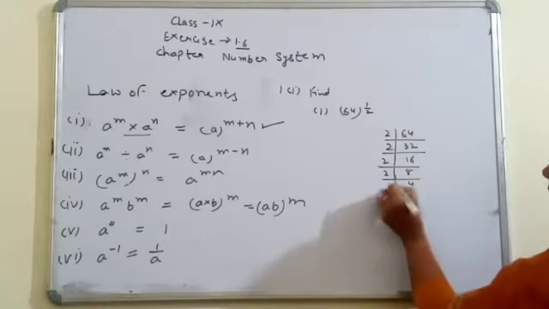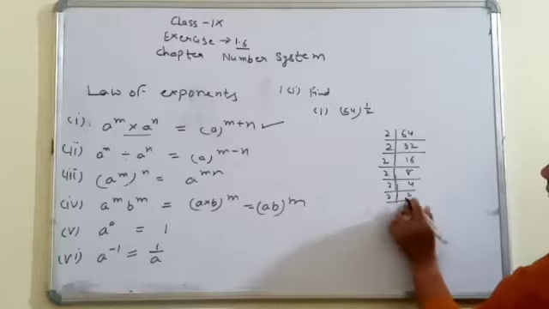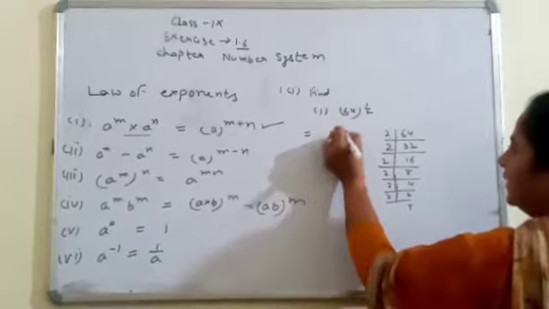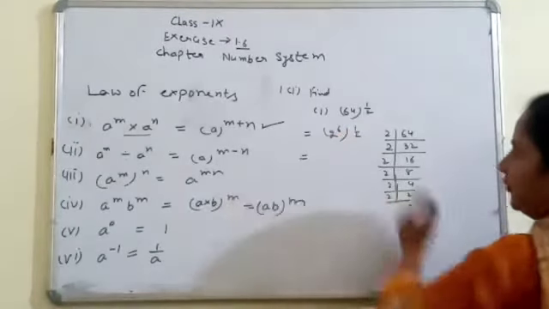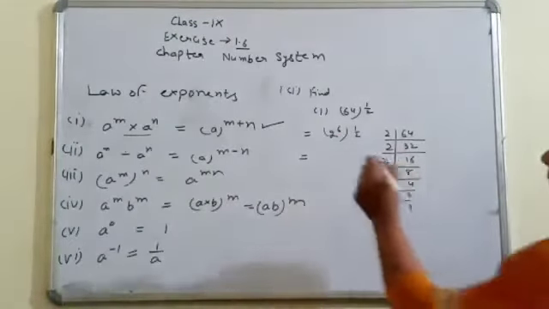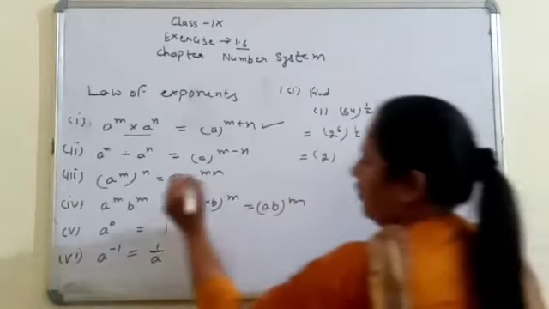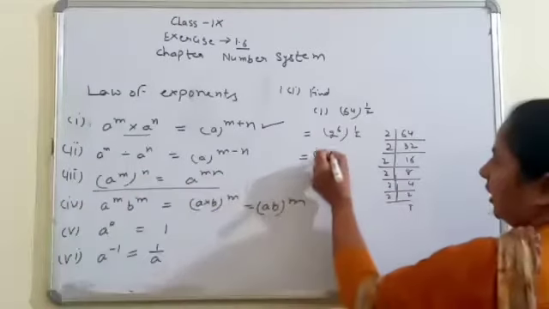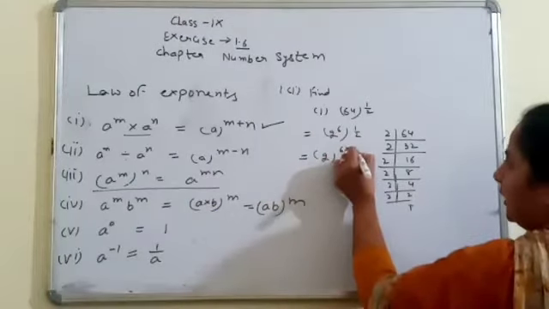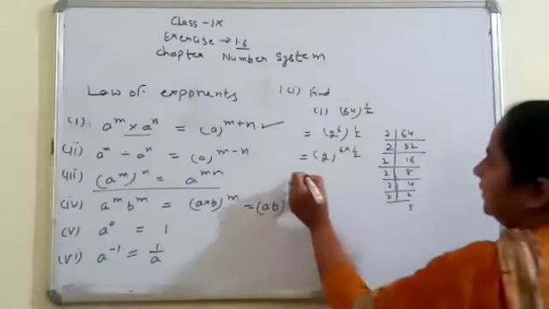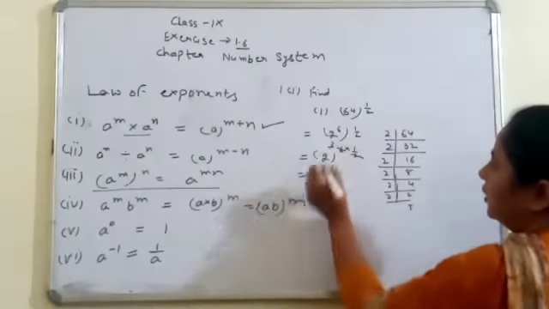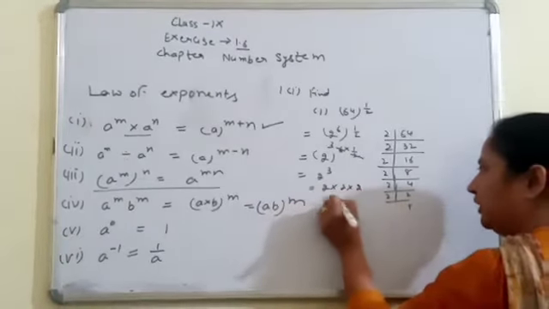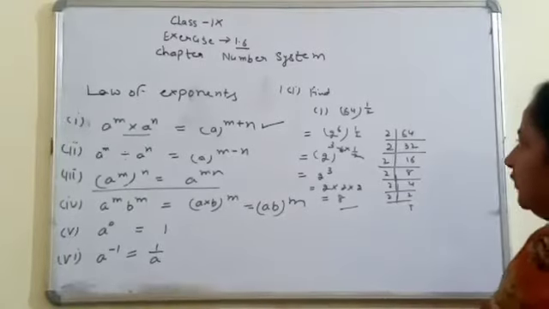This is 2 power 6, so instead of 64 we can write 2 power 6. Using the third law, we can multiply both powers: 6 into 1 by 2. Now cancel it, 2 raised to power 3. It means we have to write 2 three times.